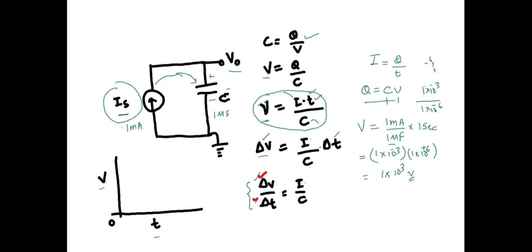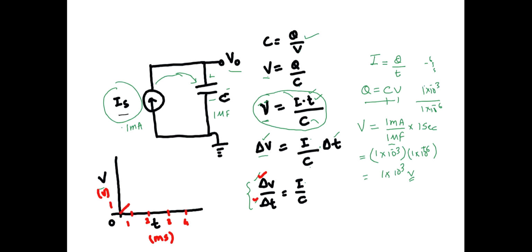So we start with, let's say, 1 millisecond here, then 2 milliseconds, then 3 milliseconds, then 4 milliseconds, and this is in milliseconds for time, and the voltage will be in volts. At 1 millisecond, we saw the voltage is 1 volt.